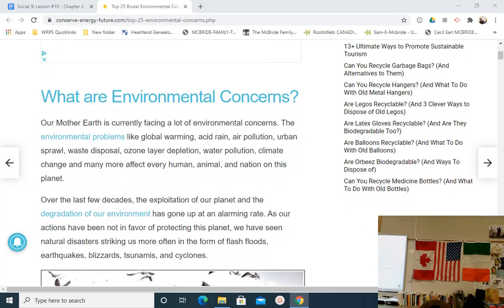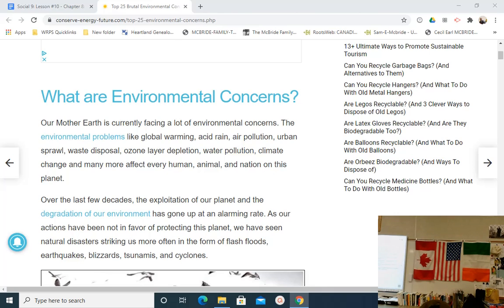So a quick peek, what is an environmental concern? Our Mother Earth is facing multiple environmental concerns right now. Environmental problems include things like global warming, acid rain, air pollution, urban sprawl, waste disposal, ozone layer depletion, water pollution, climate change, and many, many other things that are externalities of human life and our ecological footprints.